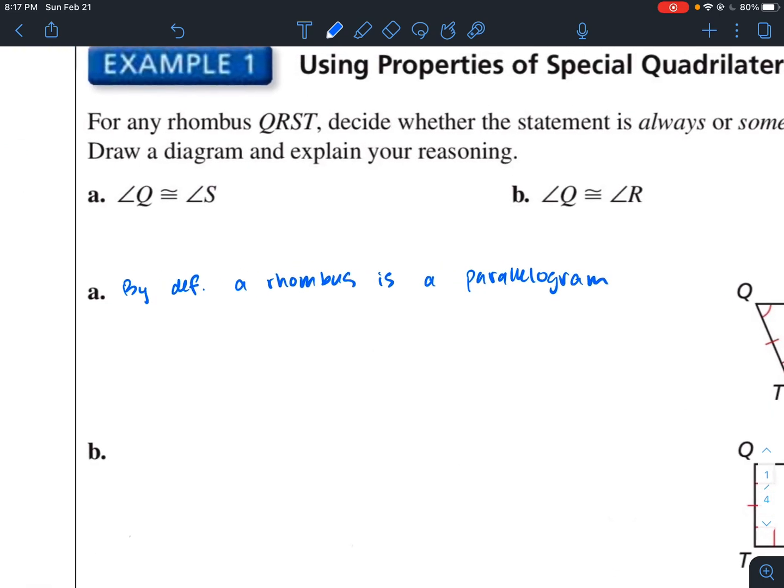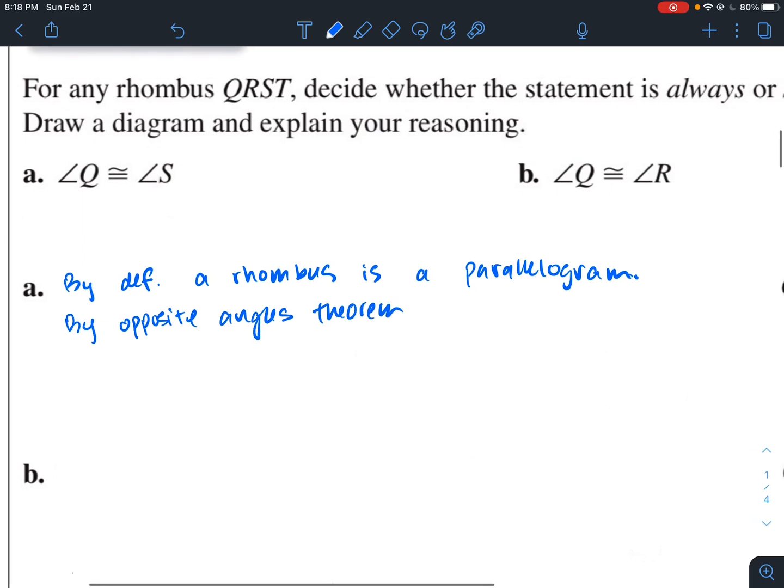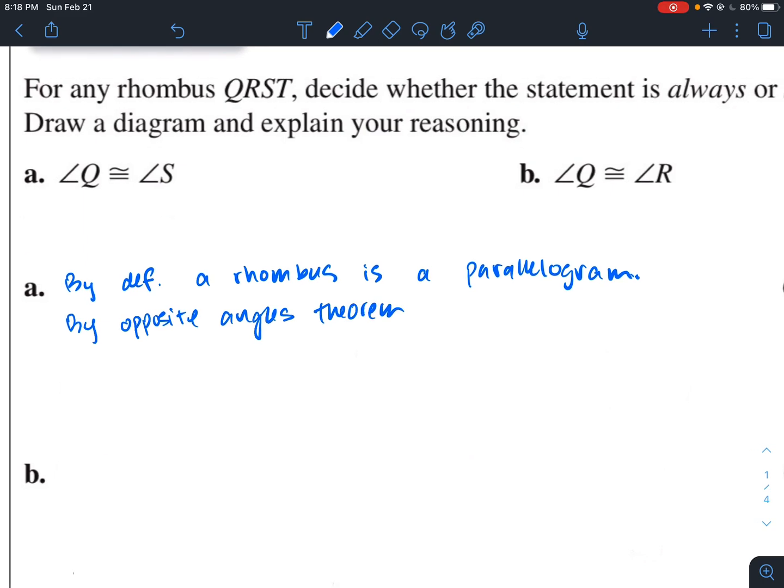And by the opposite angles theorem of parallelograms, opposite angles are always congruent.